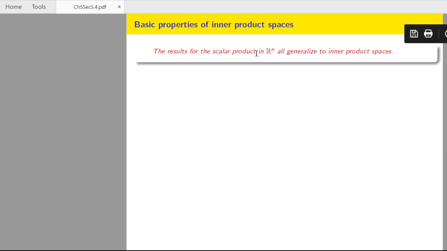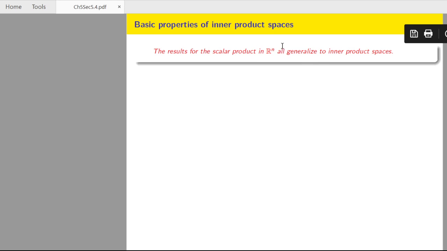Now let's take a look at basic properties of inner product spaces. Here we use red ink to give a statement. The results for the scalar product in Rn are generalized to the inner product space, which means what I'm going to say in the following is just a generalization from the scalar product in Rn.